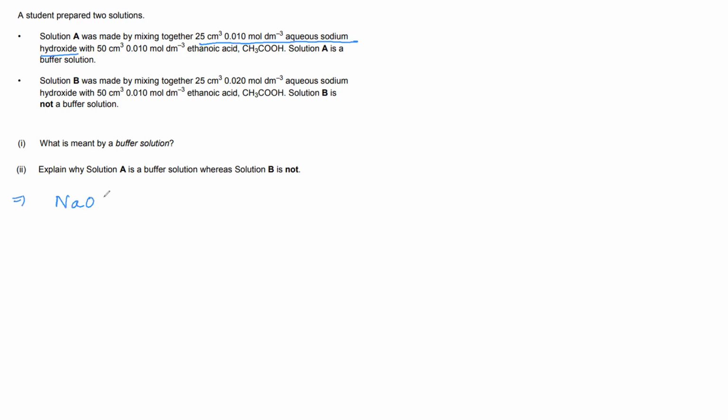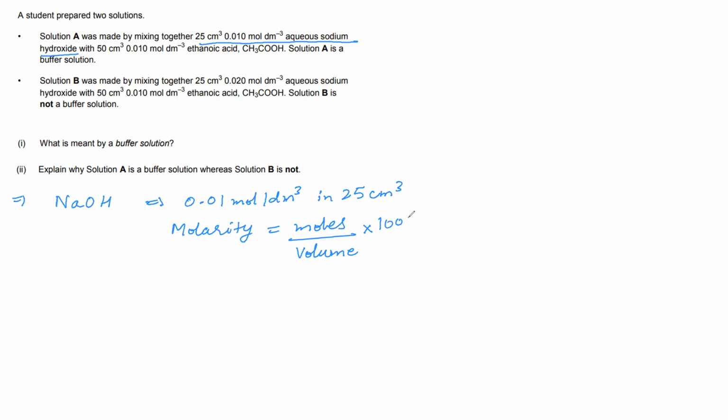So calculate the moles of NaOH. How much do you have? 0.01 mole per decimeter cube in 25 centimeter cube. So how to calculate the moles? Basically, you know the formula. Molarity is equal to moles divided by volume times 1000, because the volume we have is in ml.